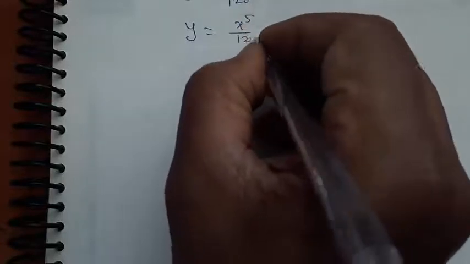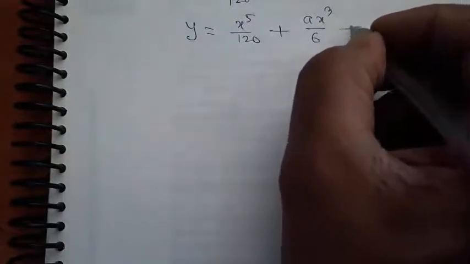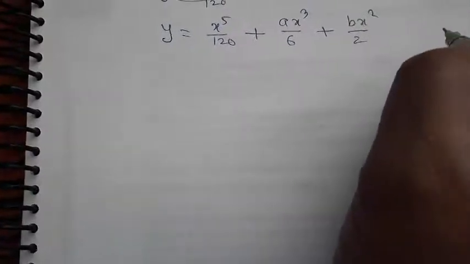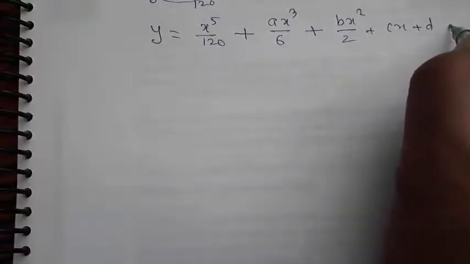Integrating this equation 4 times, we get y equal to x raised to 5 by 120 plus a x cube by 6 plus b x square by 2 plus cx plus d.